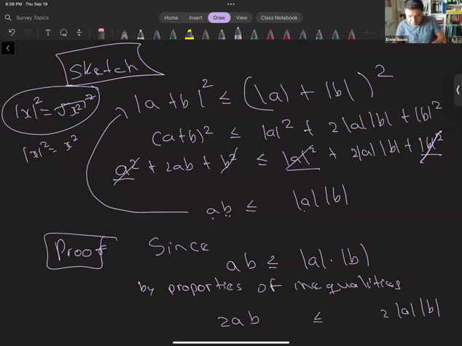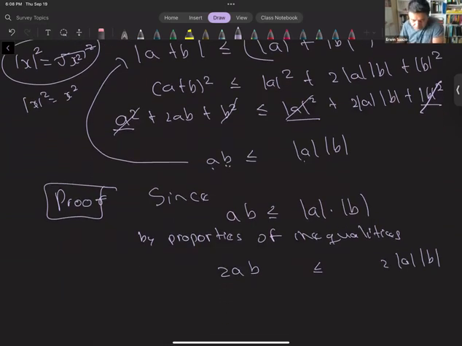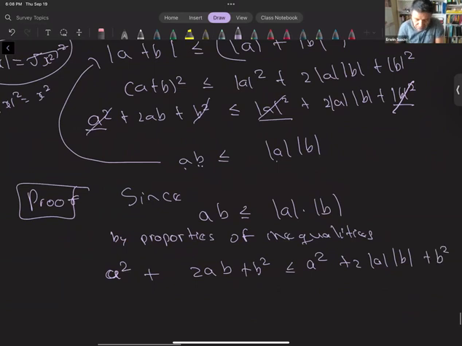By the properties of inequalities, this is true, but also I can add A squared on both sides, and add B squared on both sides, as I did over here.